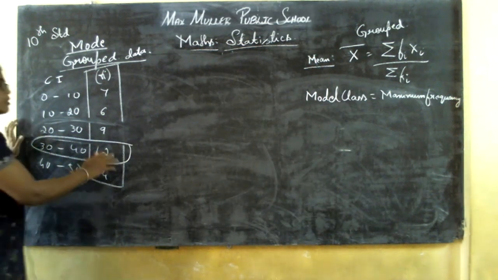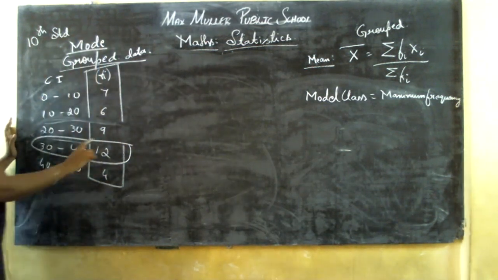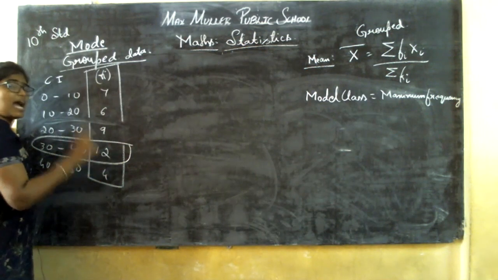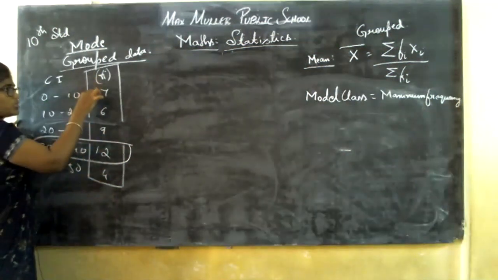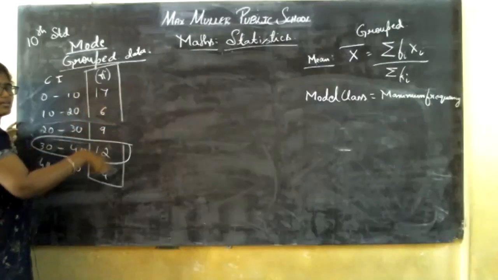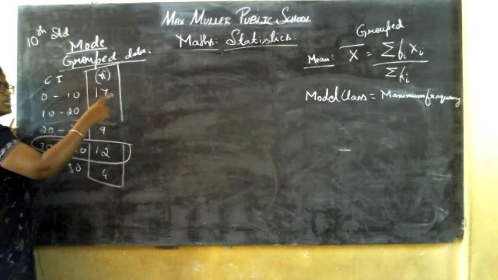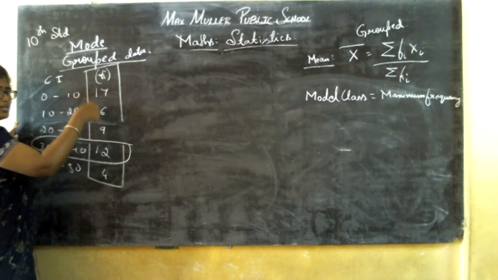The choosing of the modal class to find the mode is very important. So you are going to see the highest frequency. If this was 17, is 12 greater than 17 or 17 greater than 12? 17 is greater, so you are going to choose 17.